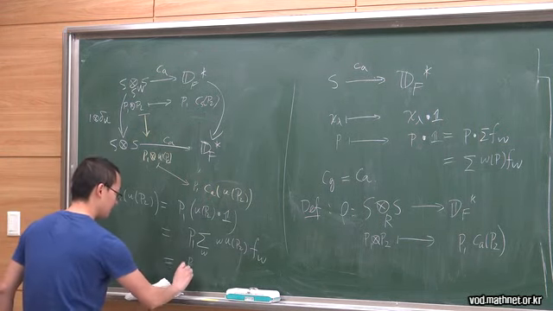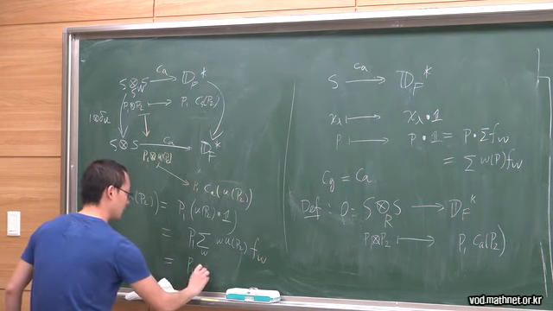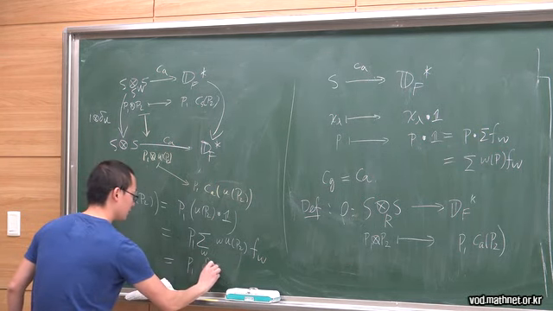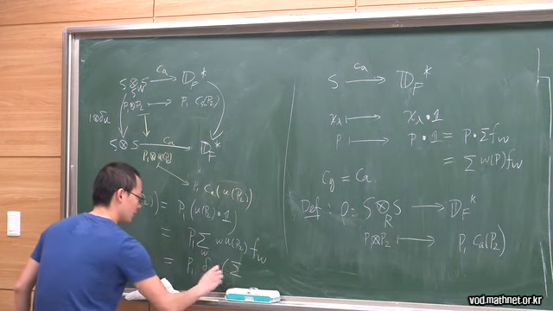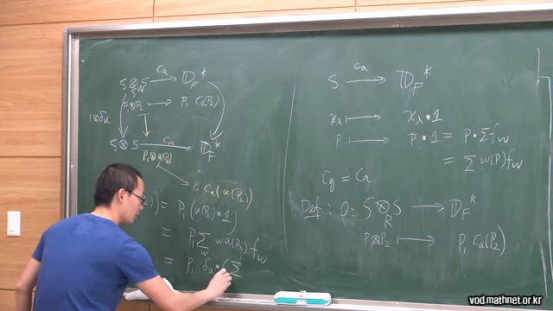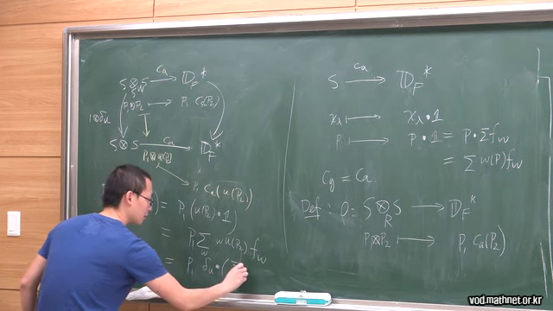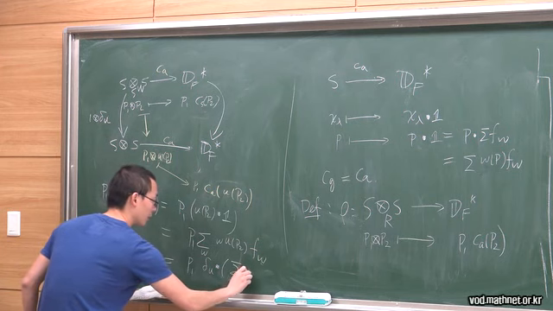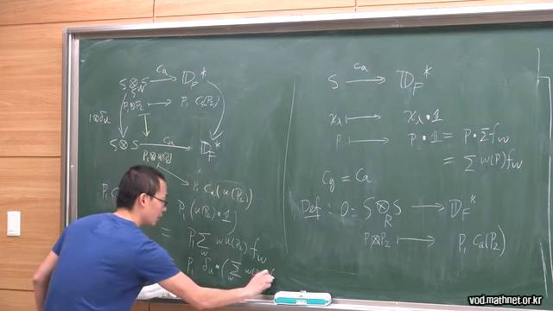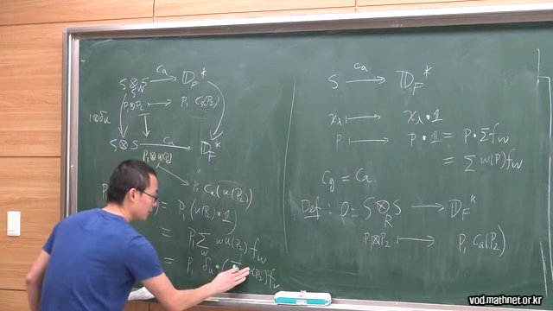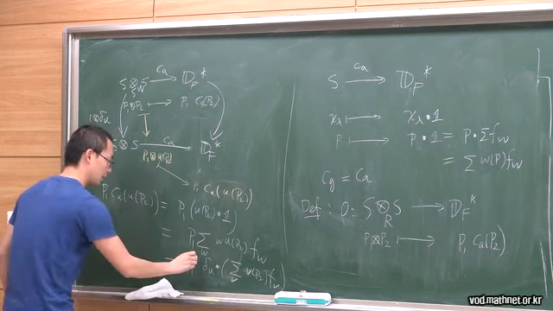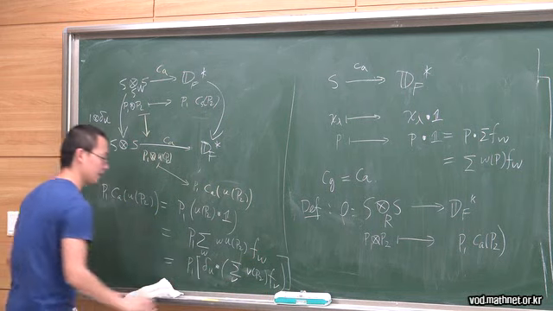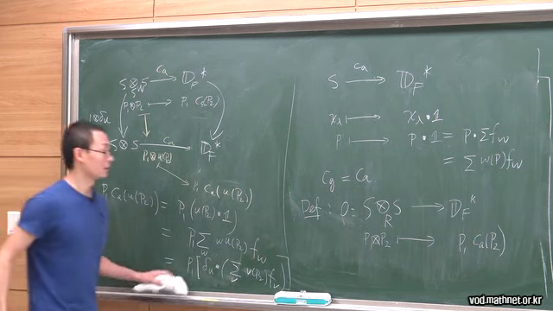So I claim this is equal to P1 delta U bullet W of P2 FW. Okay, let me put V here. V is easy. That's P1. P1 again is just the scalar. It doesn't change anything.